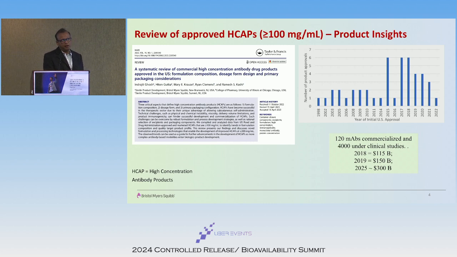Among the 120 antibodies, there are about 45 high concentration antibodies. So we have gathered insights from the products, including formulation aspects, the delivery technologies, what kind of devices they have used, and other challenges. In the next few slides, I'll be referring to this paper and also talk about the other challenges.